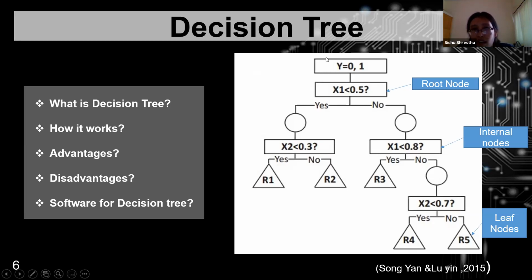So here, this is a very simple illustration of a decision tree. These are the components of a decision tree.